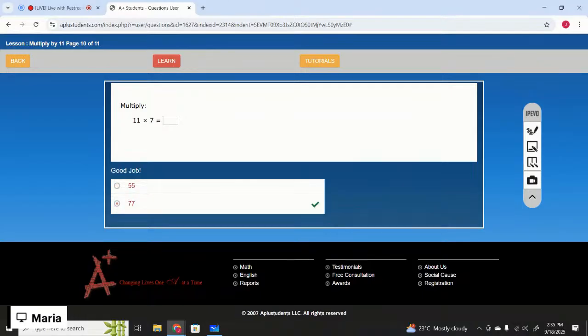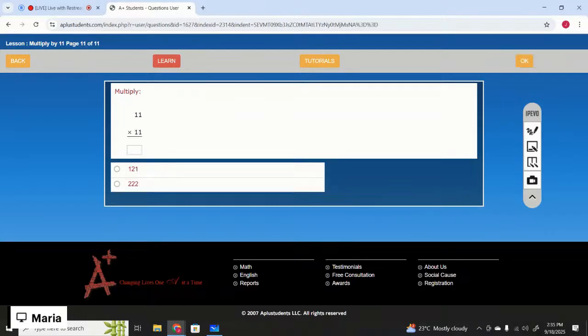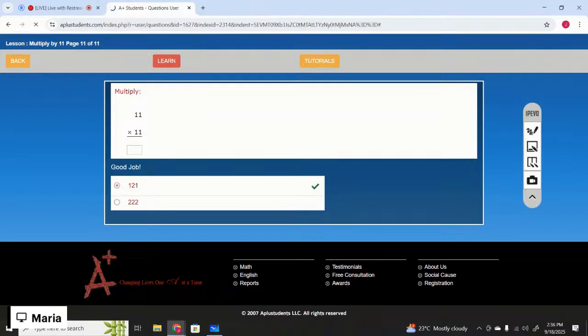It is option number 2 is the correct option. 11 times 11 is 121. Option number 1 is the correct option.